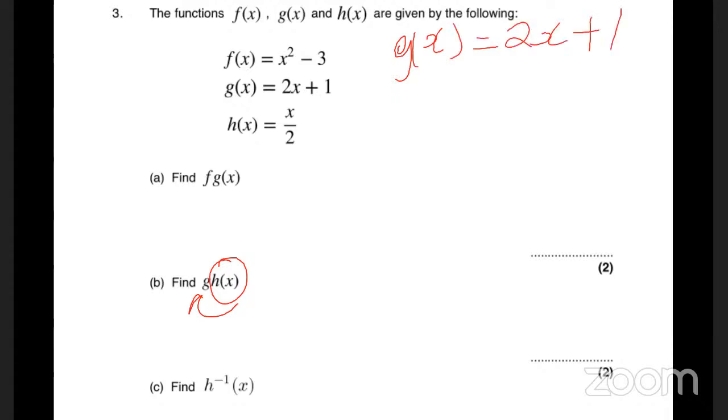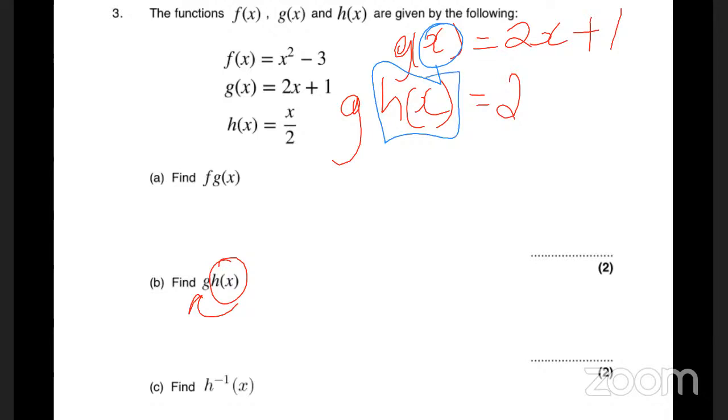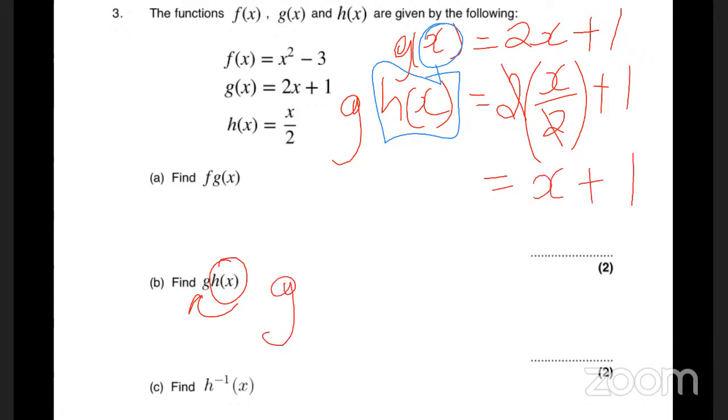So we're going to have gh of x, which equals 2, wherever we see x, we're going to put in h of x. So it's 2, open bracket, x over 2, plus 1. 2 cancels 2, leaving us with x plus 1.